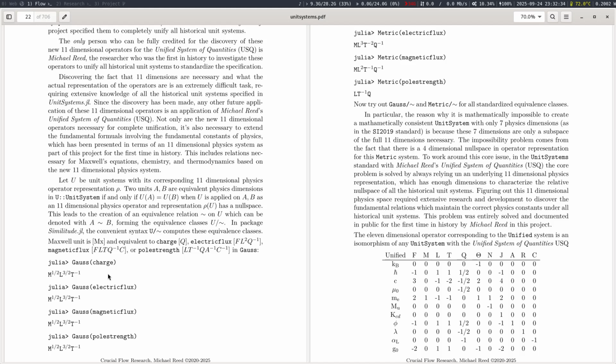It's only the unification which is 11 dimensional, right? But the individual ones in the past, they had fewer dimensions than that. And so the null space of the operator is related to that dimension, in fact. So the 7 dimensions and the 4 dimensions. We'll get into that in a moment.